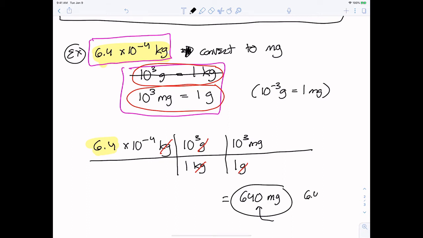If you wanted to write it in scientific notation, that's fine. You would write it like this. If you write 6.40, now your sig figs are incorrect because of this decimal point that makes this significant. So do be careful. If you're not putting it in scientific notation, the 0 is fine because there's no decimal point. If you're putting it in scientific notation, do not put that 0 there.